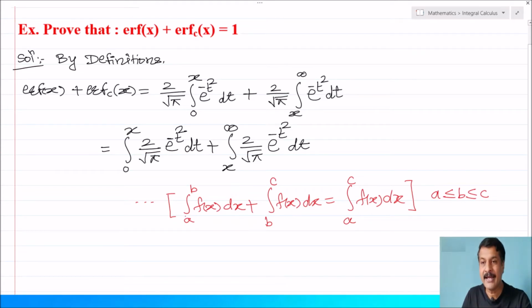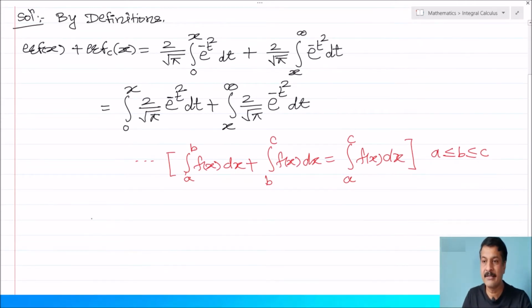Here we have integration from 0 to x and from x to infinity, and the integrand is the same, so by this property it is equal to integration from 0 to infinity of 2 by root pi e raised to minus t square dt.